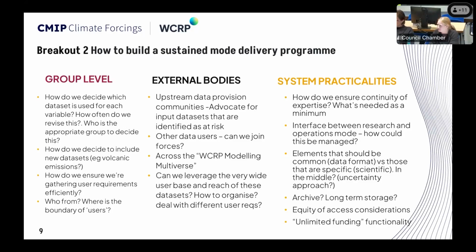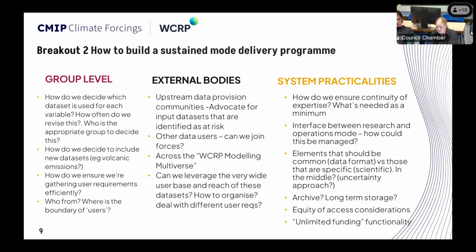Who should be making those decisions? How do we decide how to include new data sets? How can we be sure that we're getting the right information from people? User requirements: the kind of data you produce depends on knowing what it is that is needed in very many ways. Who from, where is our boundary of users? Is it only CMIP? Is it wider? How do we think about the MIPs as opposed to the fast track?